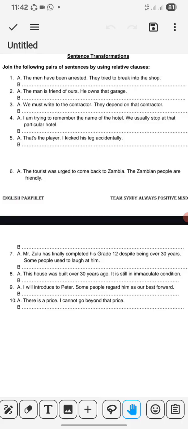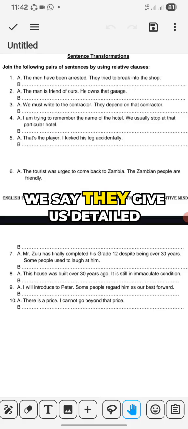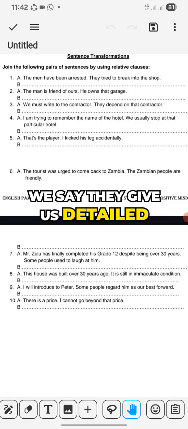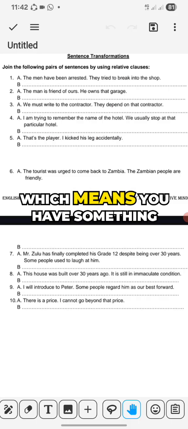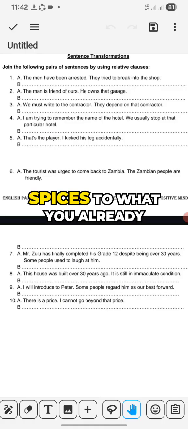Now, get this clearly. For defining relative clauses, we say they give us detailed, specific information. For non-defining, they give us additional information. There's a difference there. Additional, okay? Which means you have something already. You are just adding some spices to what you already have.